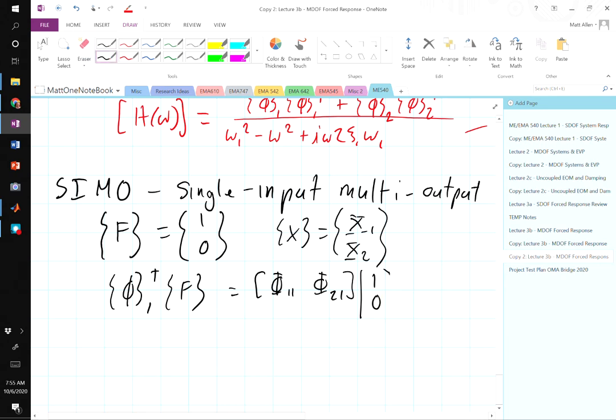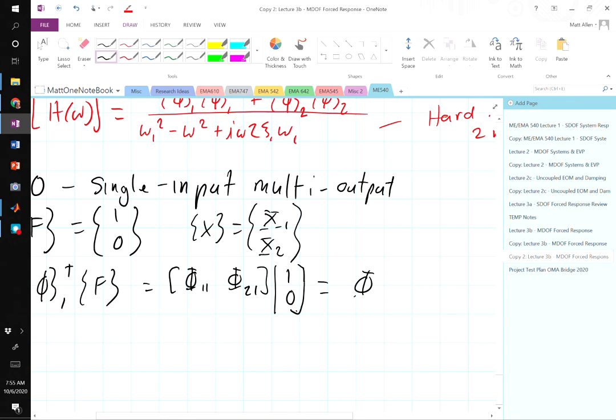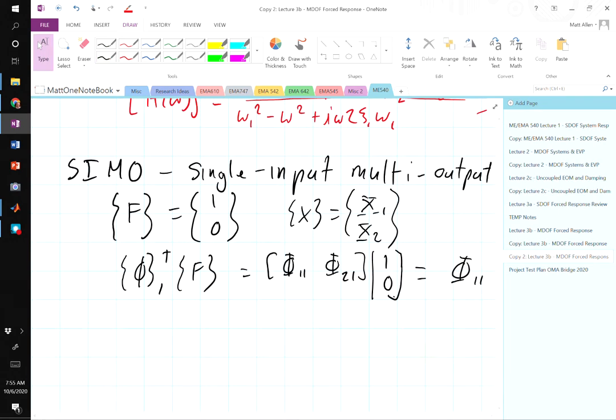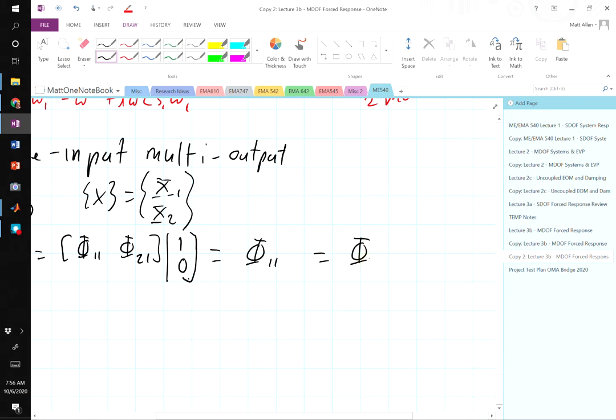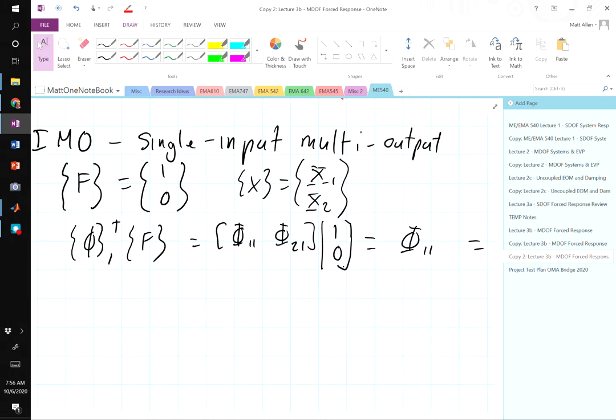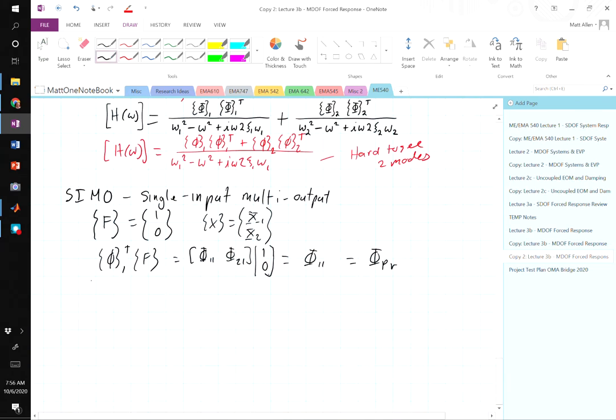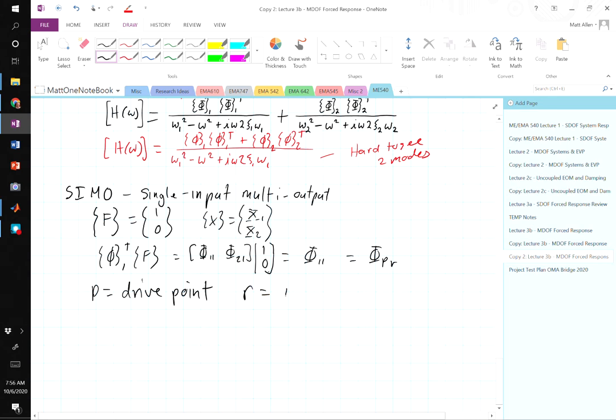Or in other words, the only thing that survives here is phi11. And in general, we'll write that as phi p1, or phi pr, where p is the drive point, or the point where we've applied our force, and r is the mode number.